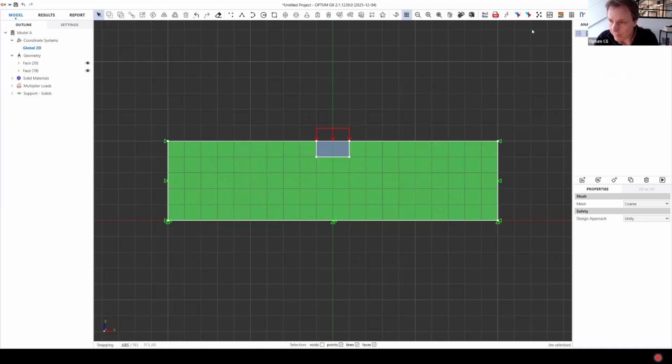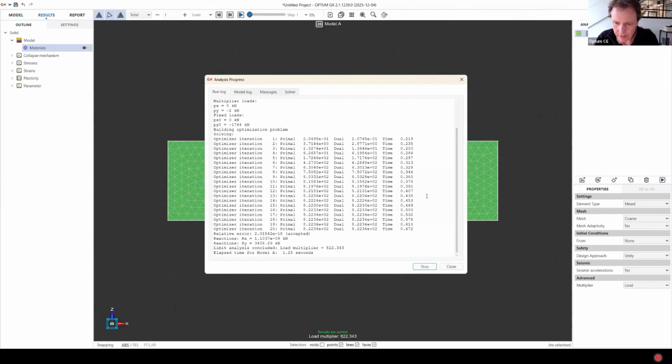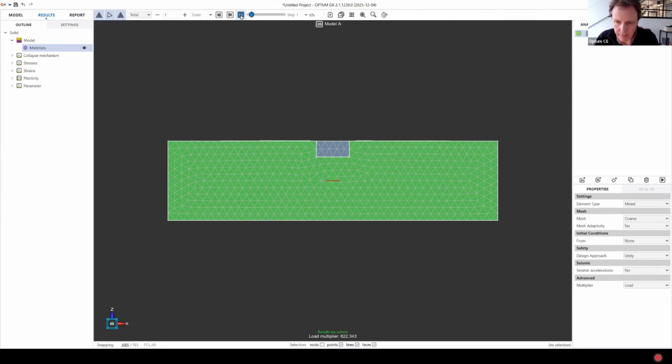And now we're set up basically to determine the bearing capacity, and that is the analysis type known as load multiplier. And you then press run, and you get a bearing capacity of 822 kPa in this case.